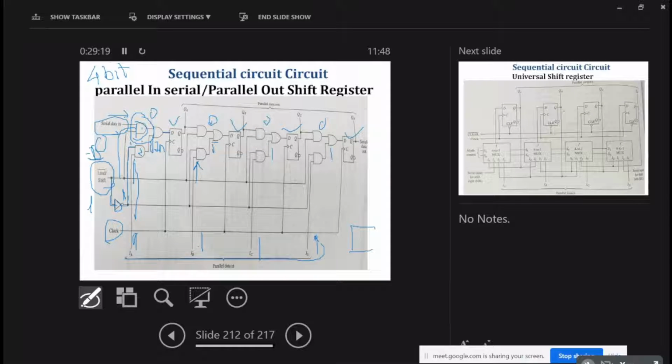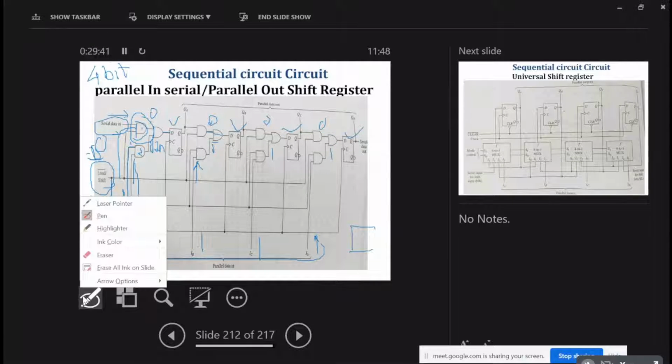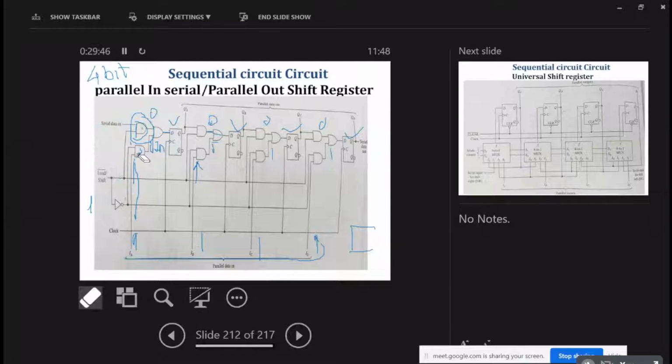The inputs of the OR gates are the outputs of these two AND gates. So one is 0, but the other is the input bit. The input of the individual AND gate will be the individual bits. So whenever we connect the load shift pin with 0, the information will go inside this register in parallel form.